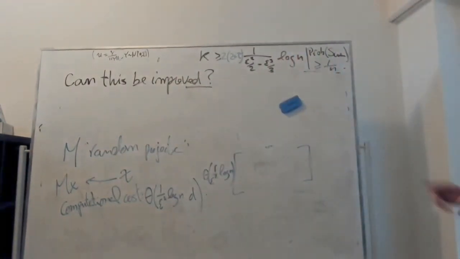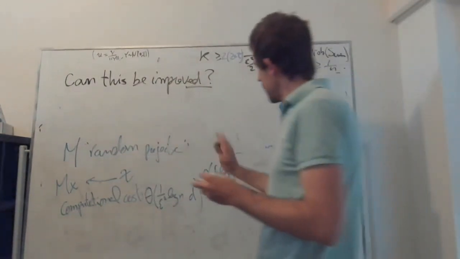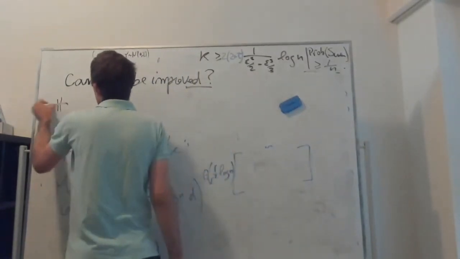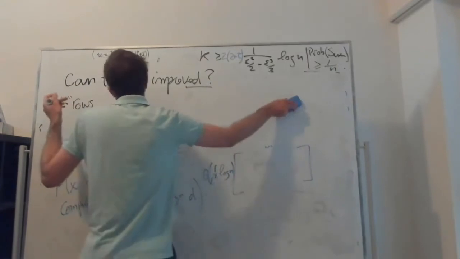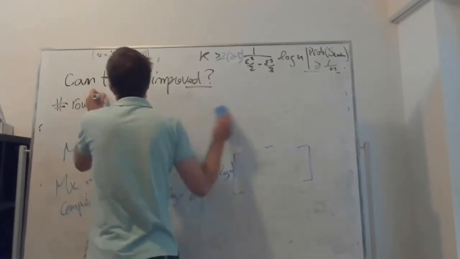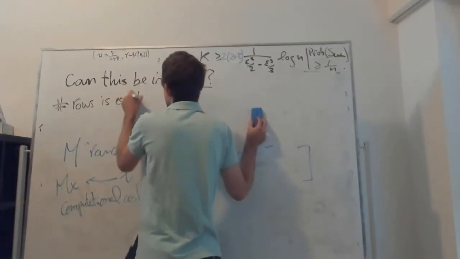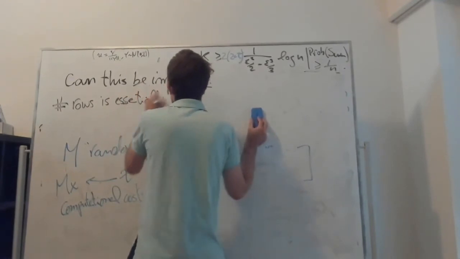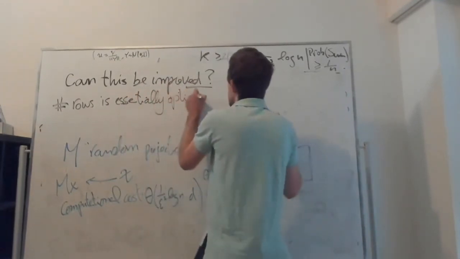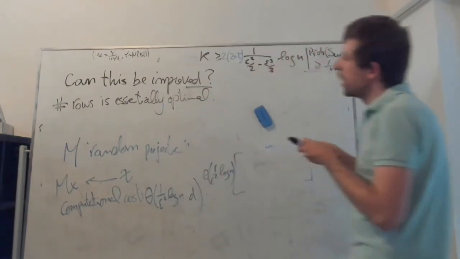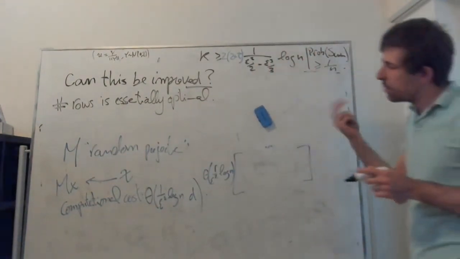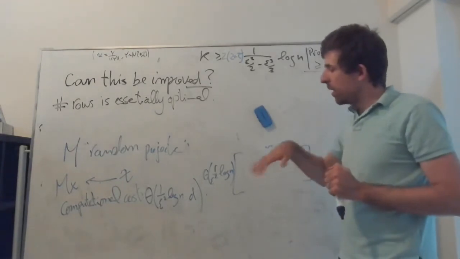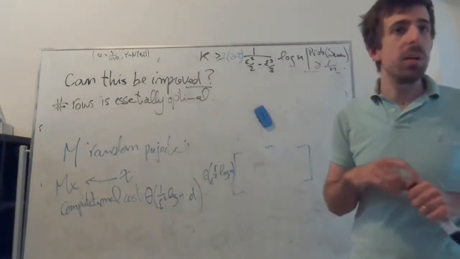So the number of rows, or k, is essentially optimal. This is known. So there's not much room for improvement there. But maybe we can get matrices M where the computational cost of matrix vector product is better.